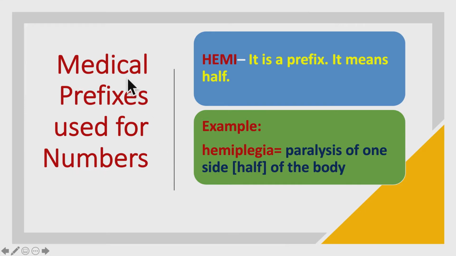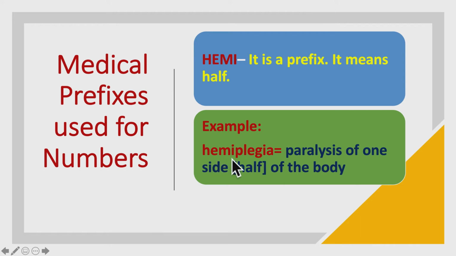Now let us look at medical prefixes used for numbers. For example, we have hemi. It is a prefix, and it means half. If you add this prefix to the root word plegia, you get the meaning of half.